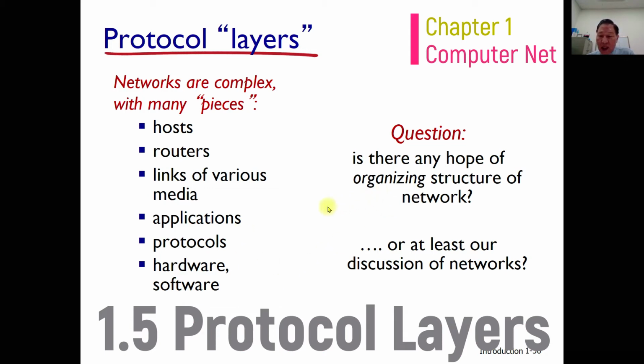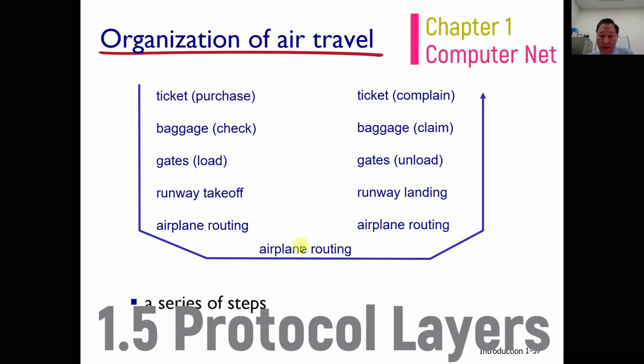The question is, is there any hope of organizing the structure of networks, or at least our discussion of networks? To simplify that, we need some concept. This is the organization of air travel as an analogous example to understand computer networking protocol layers better.